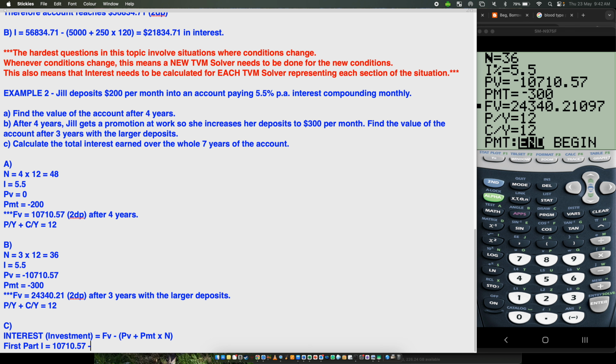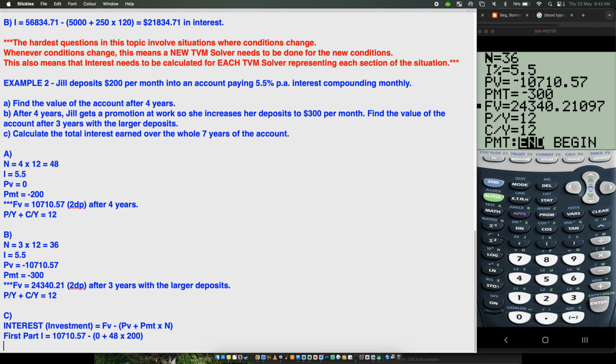It got up to $10,710.57 minus, it started off at nothing, plus 48 payments of $200. I'll just show the working. Second part, interest is equal to FV, 24,340.21 minus, is it going to be 0 here?